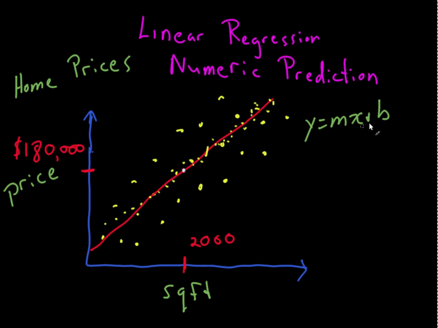You won't really have to know that, but b is this intercept here, and then x would be your square footage, your independent variable, and y is a function of this, and m is how steep this is. That's your slope. So that's where this all comes from, and maybe now that you have a visual example, it'll drive it home a little bit more and make more sense to everyone.